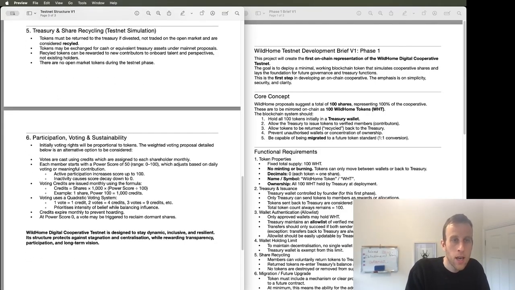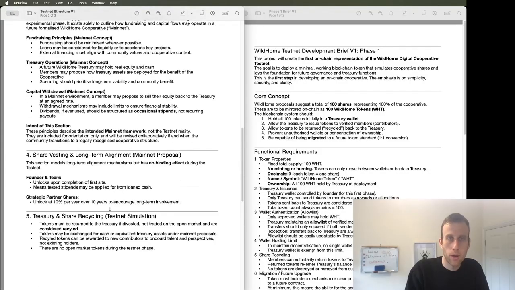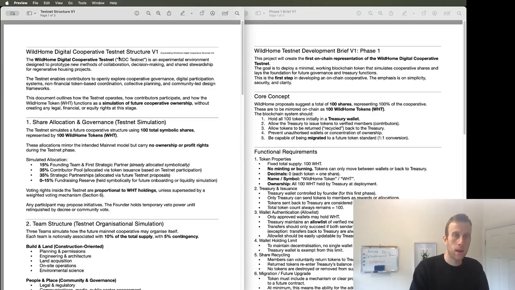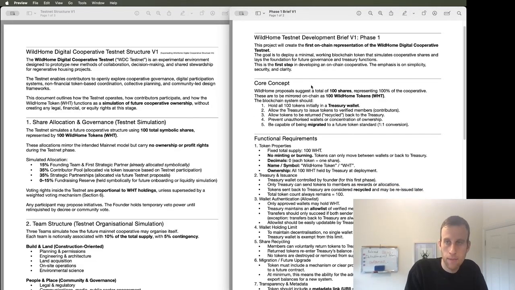Finally, there's just a proposal on voting with a quadratic voting system. That's just a proposal. Currently, it is proportional to the WildHome tokens that you own. This is the phase 1 brief for the development of the token, which I'm speaking with blockchain engineers about developing.